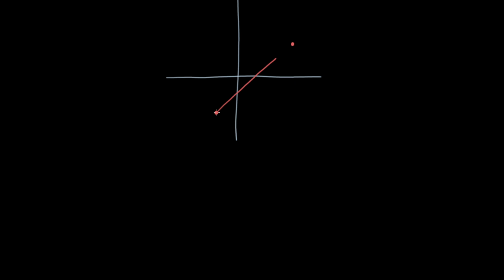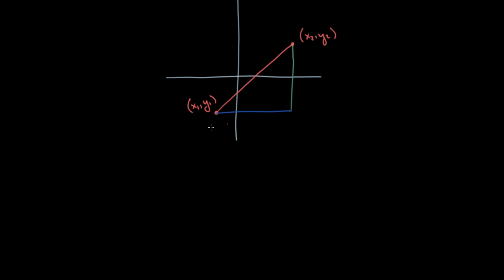What I can do is break these down into the x component and the y component. So how do I find these? Well, this is the point x1, comma, y1. And this is the point x2, comma, y2.